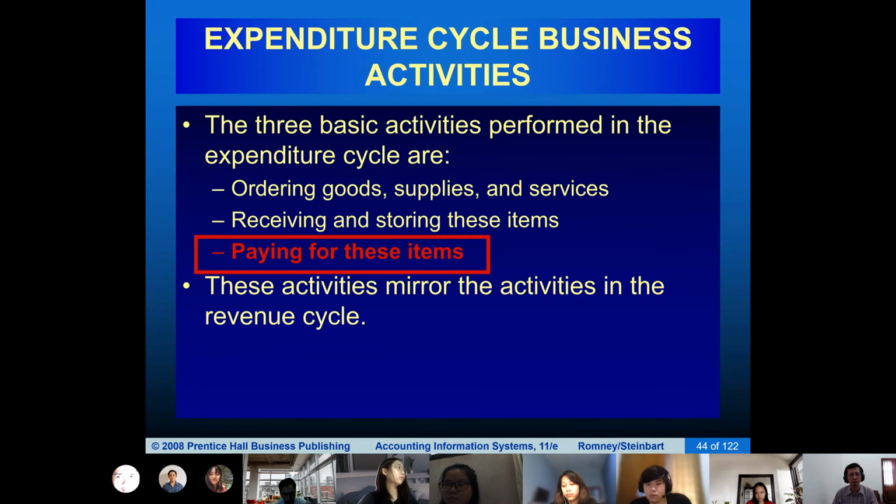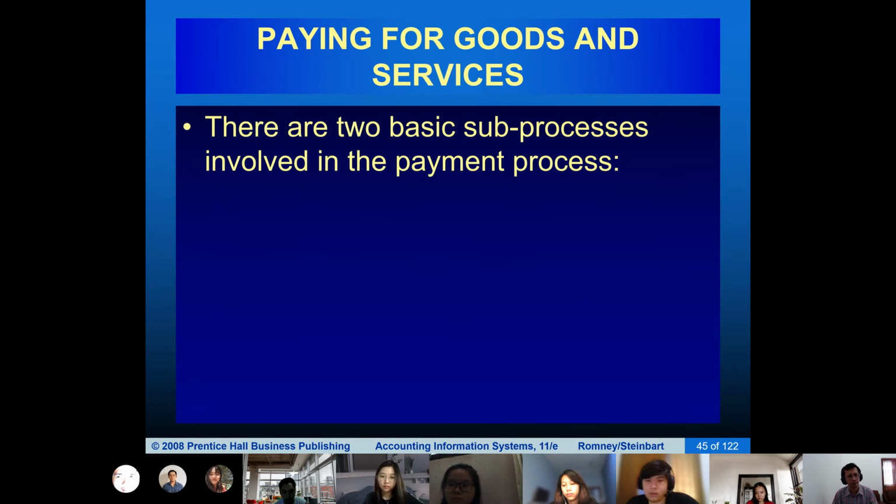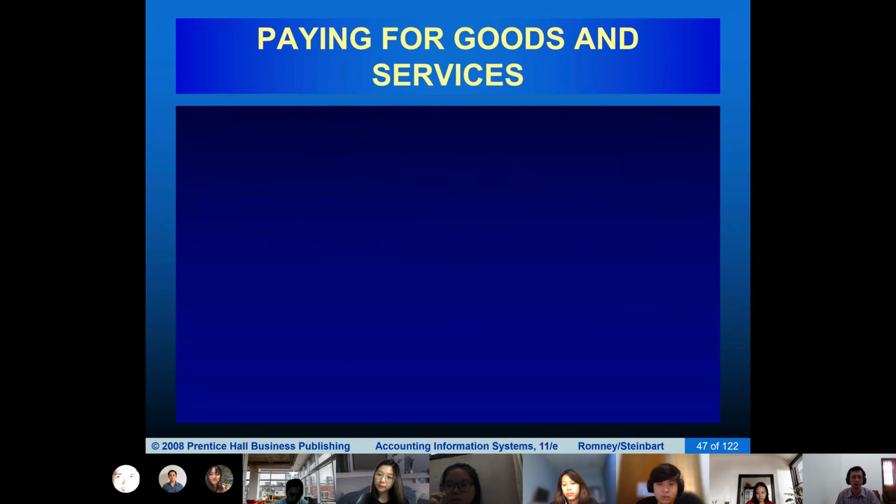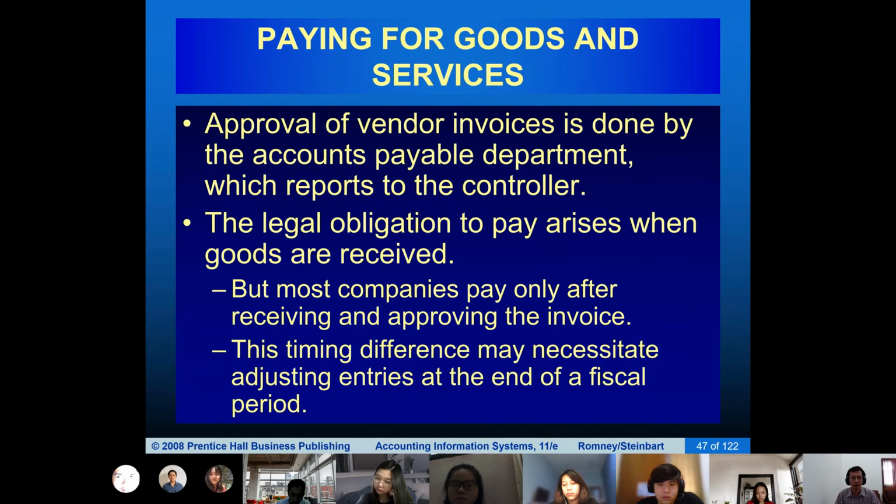So after we accept the product, we need to pay for that product. Okay, there are two basic sub-processes. First, approval of the vendor invoice, and second, actual payment of the invoice. So it starts with approval. Once you accept the product delivered by the supplier, legally you are obliged to pay.